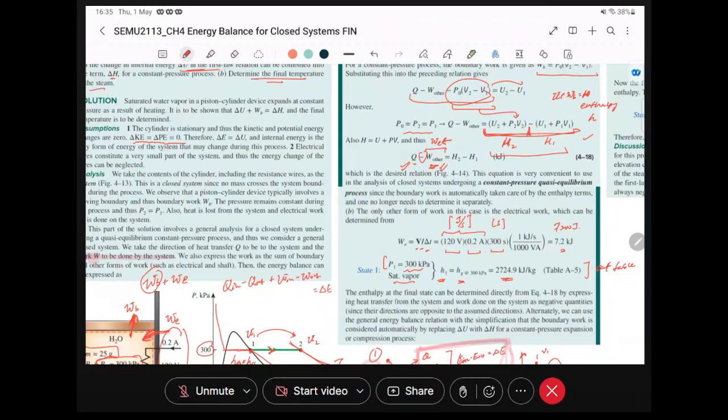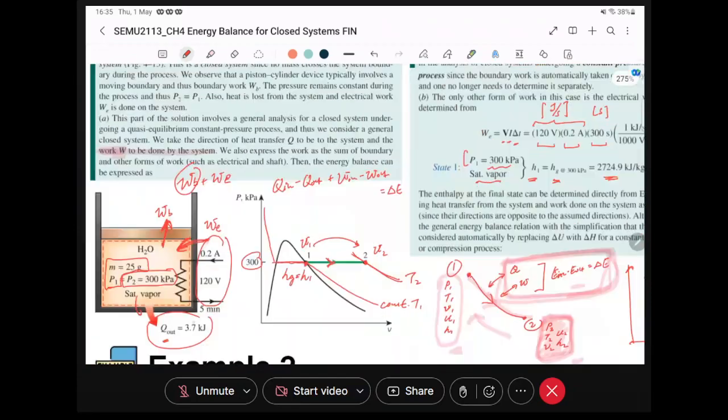Then this Q out will be here. This work W will be this one, and WE should be this one. Is that the case?